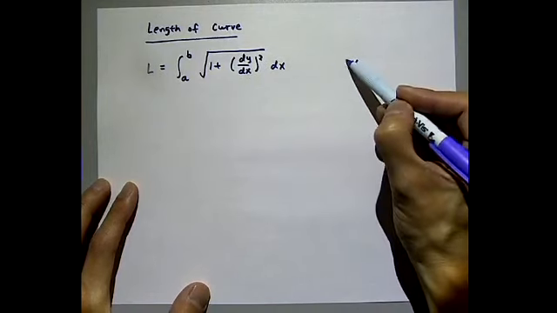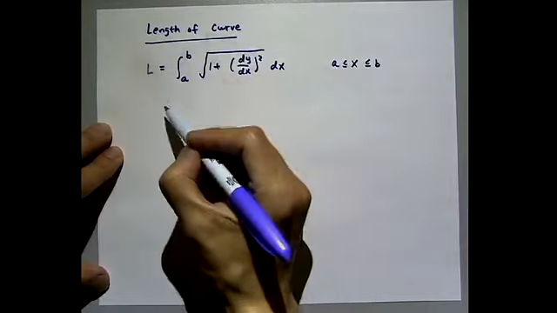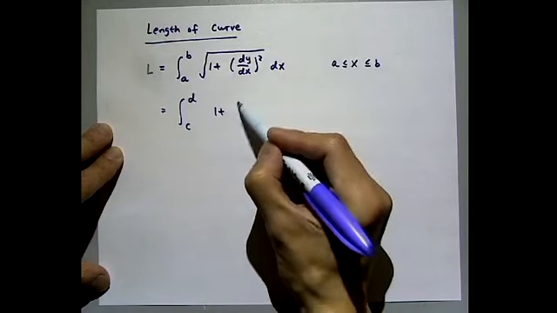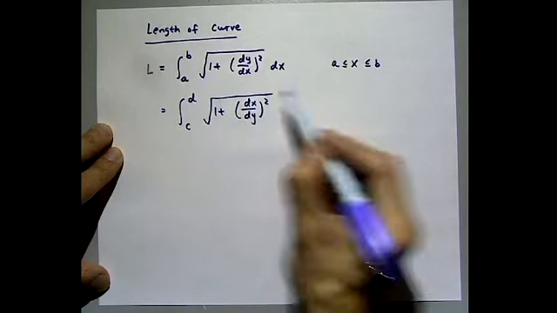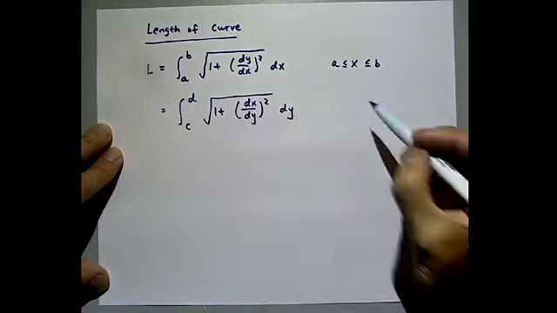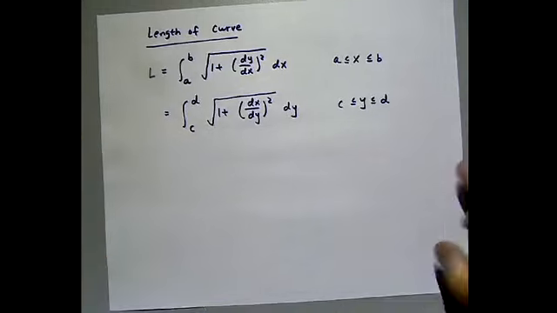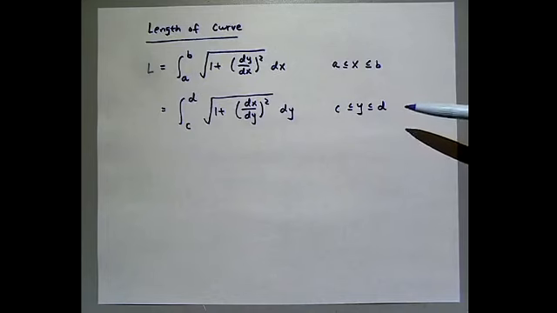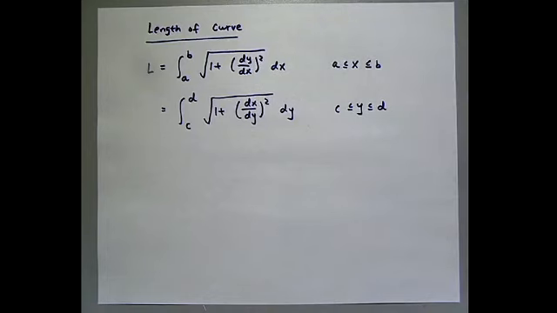This is saying that x is between a and b. We could also do that, right? That's when y is between c and d. And back then we had two choices. We could use the top one if we had y expressed in terms of x, and the bottom one if x expressed in terms of y. When integrating vertically is easier. So we had these two forms to work with.